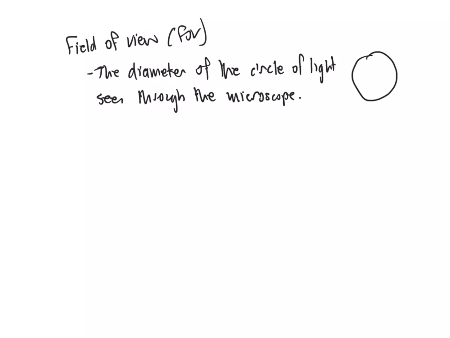Now we can calculate that in a few ways. When we're using low power, we can just simply put a ruler on the stage and have a look and actually measure the diameter of the field of view.